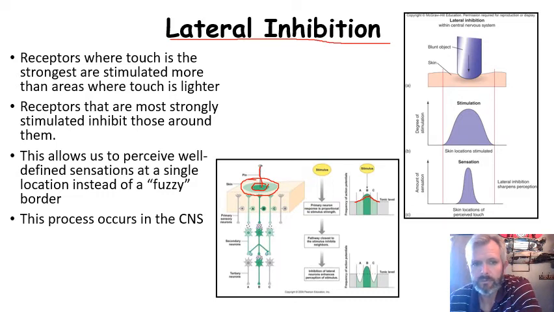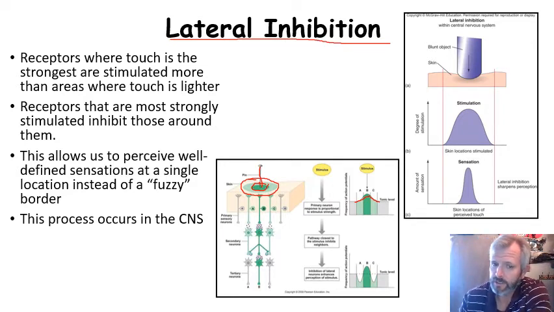What lateral inhibition means is you can see this first order. Remember our sensory pathways have 3 orders of neurons, and remember your brain can only perceive what it is receiving from the sensory neurons.